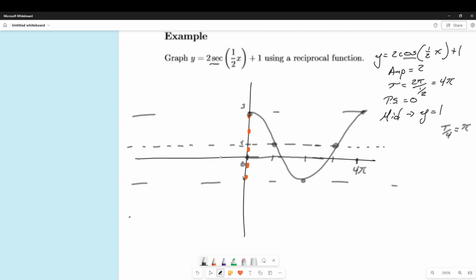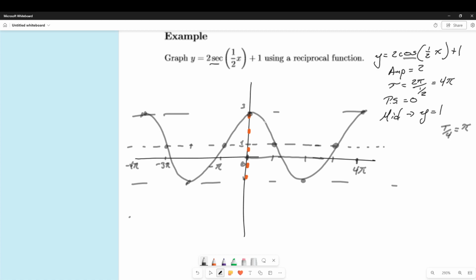And so at negative pi, if we wanted, we'd be going through our midpoint again. At negative 2 pi, we'd be going through our minimum. Then at negative 3 pi, we'd be back to our midline, and at negative 4 pi we'd be back to our maximum. So particularly for secant and cosecant, graphing 2 periods is always nice.